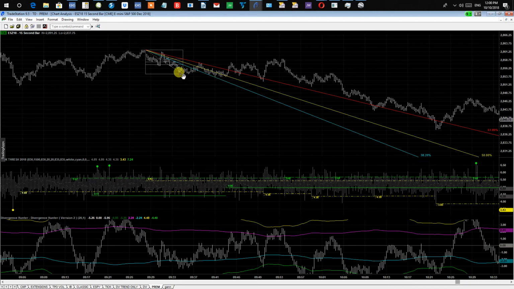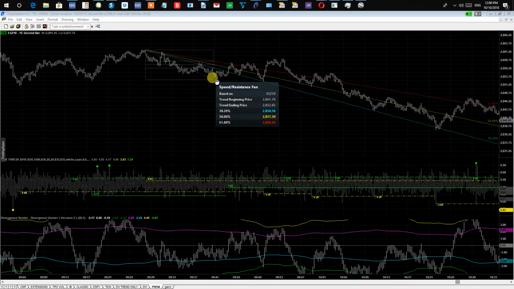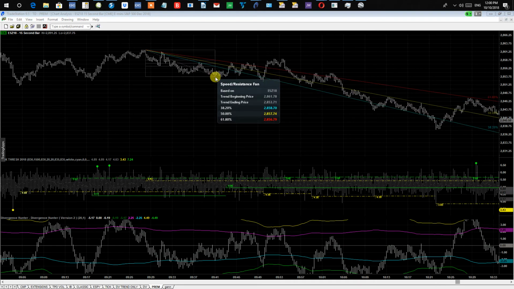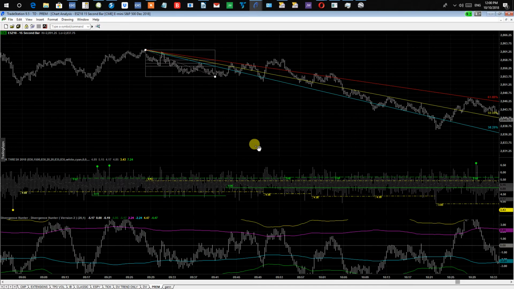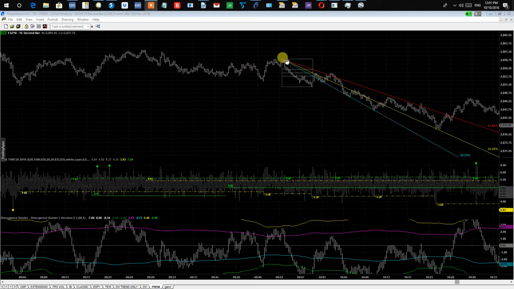What about if we had this point over here to this low? We catch some of these lows, but not really the lower lows. What if we pick this point, and this point, and this point?